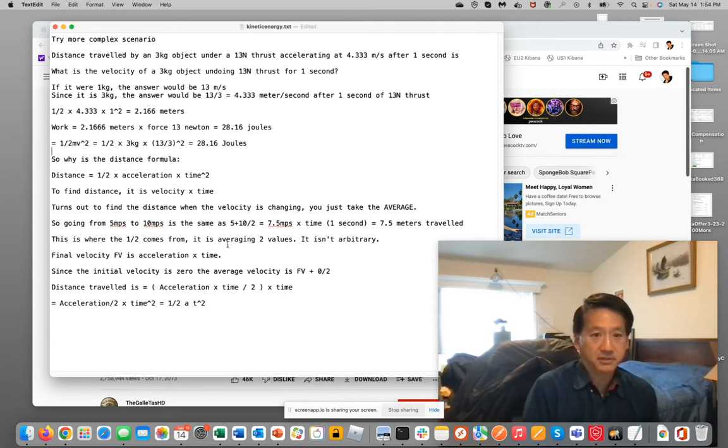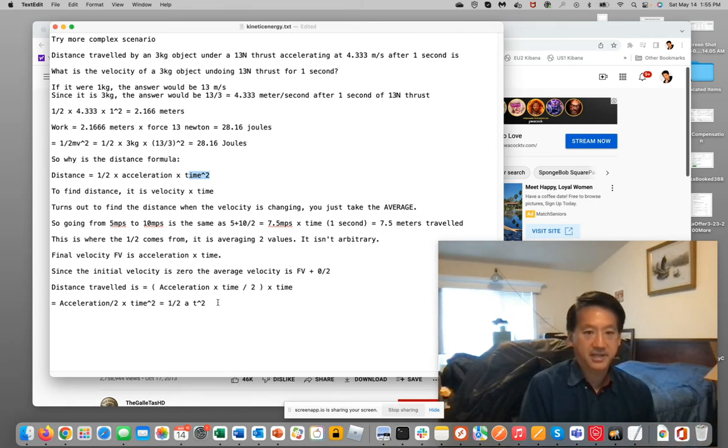Now you're probably also wondering, where is this time squared thing coming from, right? Okay, so the distance traveled is going to be the velocity times the time, right? We just first discussed that. But in this case, to figure out the average velocity here, we have to take the acceleration times the amount of time that is happening, and then we have to divide that by 2 to get the average.